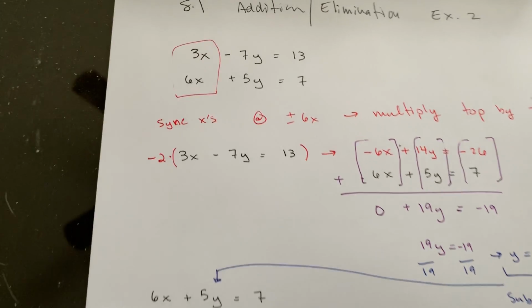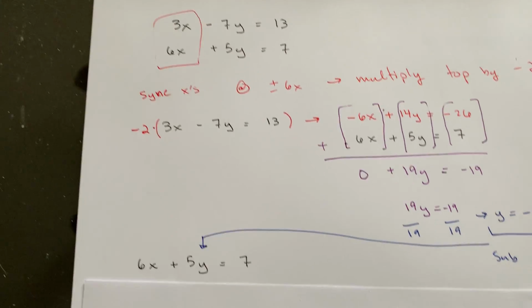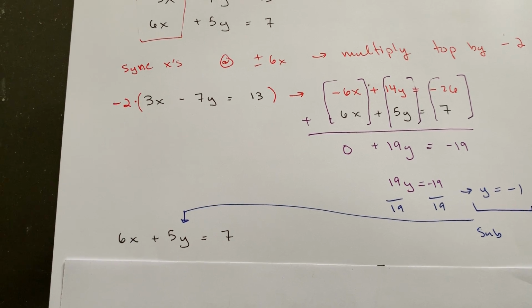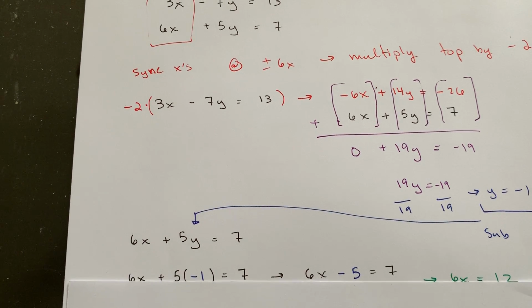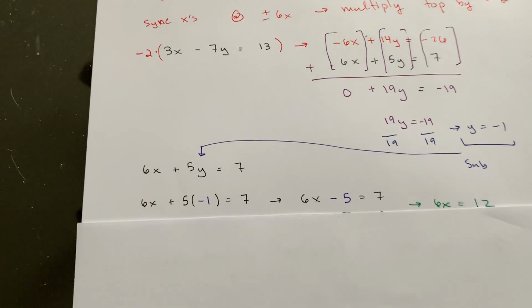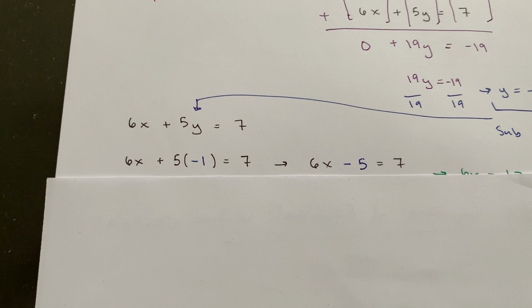In this case, I've picked the secondary equation. It doesn't really matter. We can put it into whichever one we want to. So if the y value is negative 1, we're going 6x plus 5y is 7. So if y is negative 1, 6x plus 5 times negative 1 is 7. That, of course, just means 6x minus 5 is 7.